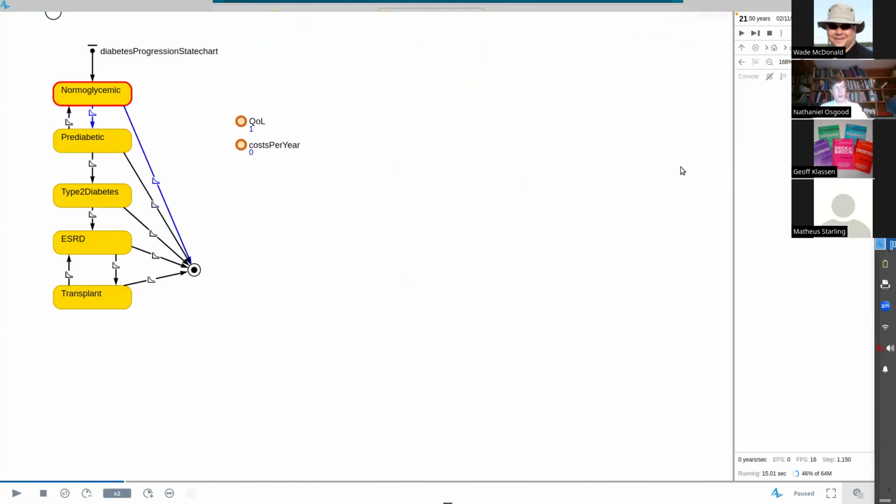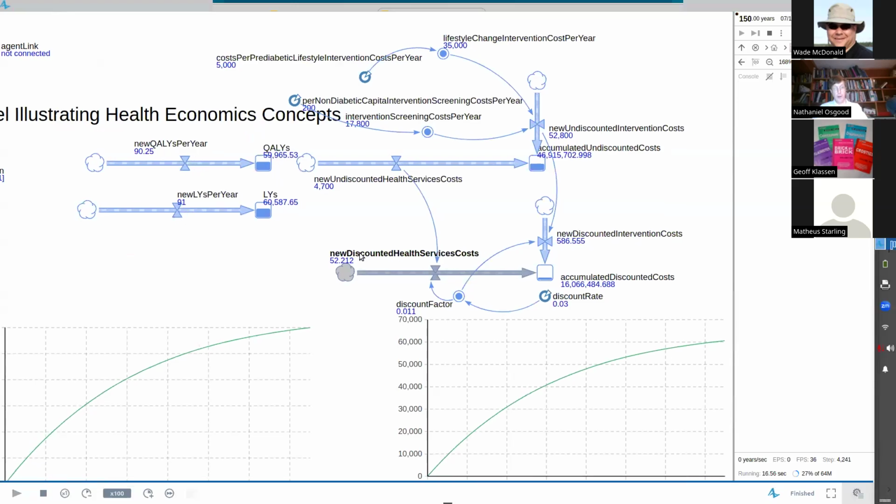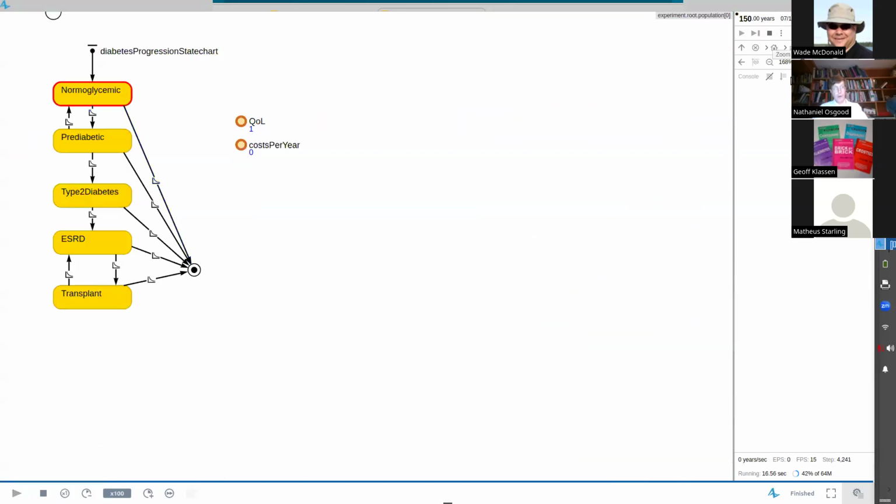Still looks like most people are normal glycemic, but let's run it here at a faster pace. Okay. And my guess is many people have died by now. But those remaining, this is a normal glycemic person, etc.